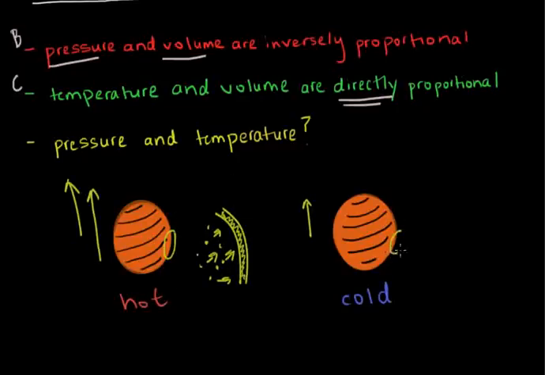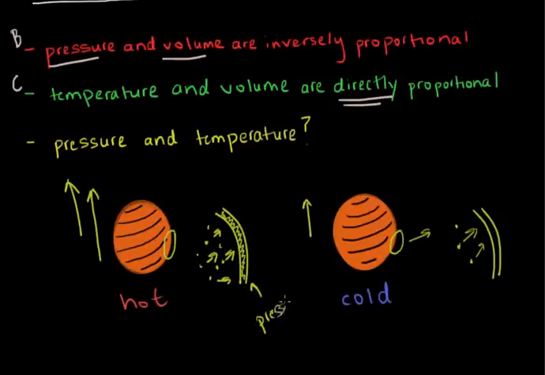And conversely, if we zoom in on the cold basketball, we're going to see that these particles don't have anywhere near as much energy, and so they're just sort of flopping against the edge of the basketball. You may even be able to compress this basketball a little bit because there's so little energy within these gaseous particles inside. And just to sum up this discussion, if we have more force pushing against the container of a gas, well, we just call that pressure.